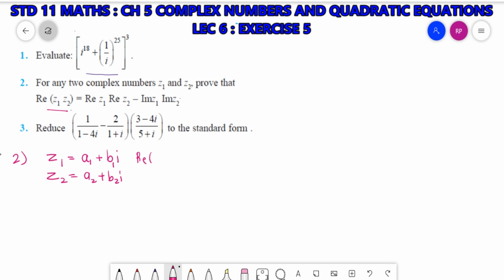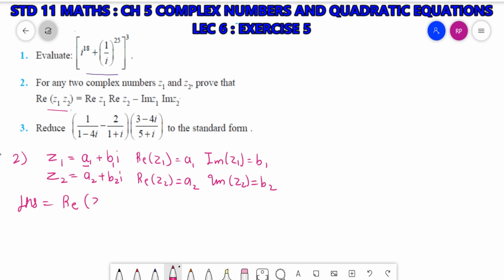What is the real part of Z1? a1. And the imaginary part of Z1 is b1. Same way, the real part of Z2 is a2, and the imaginary part of Z2 is b2. Now let's take LHS. What is LHS? The real part of Z1 Z2.